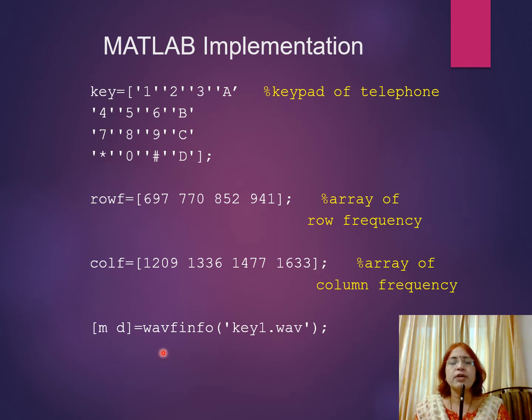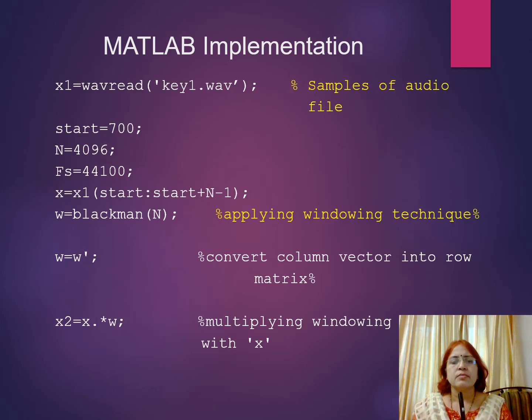Then after that we are going to read the audio file. We have recorded the audio file for key 1. For the digit 1 of telephone we have recorded a .wav file. Now this command, wavread, will give you the samples of the audio file.